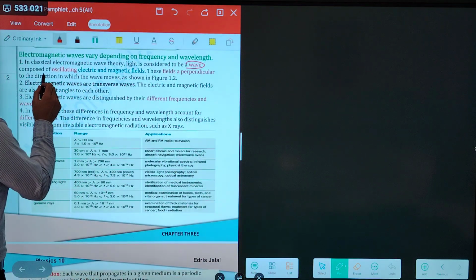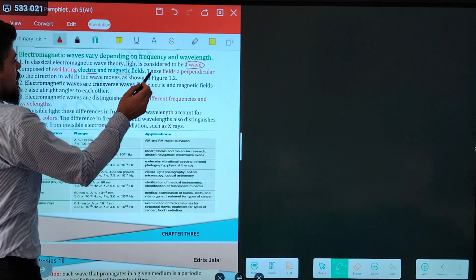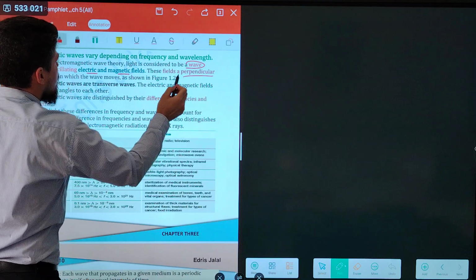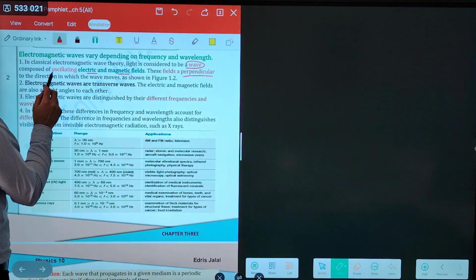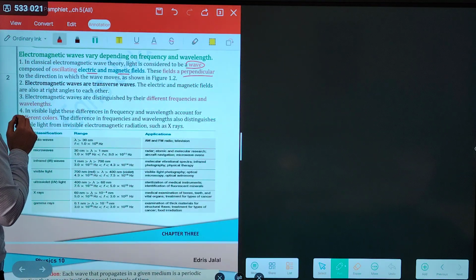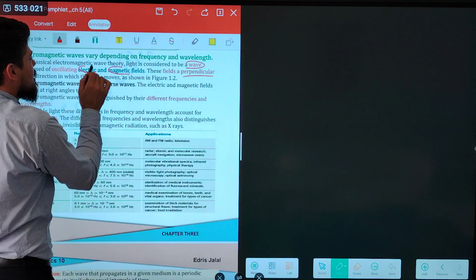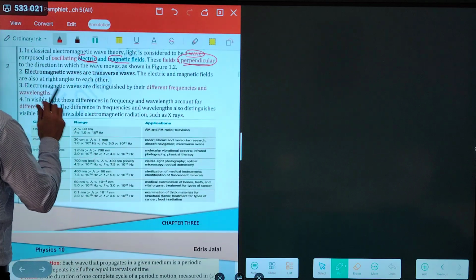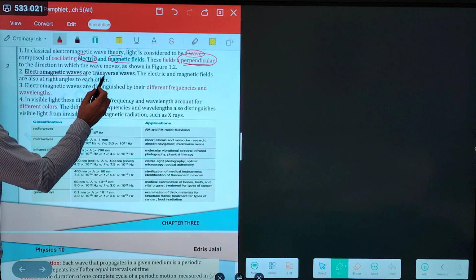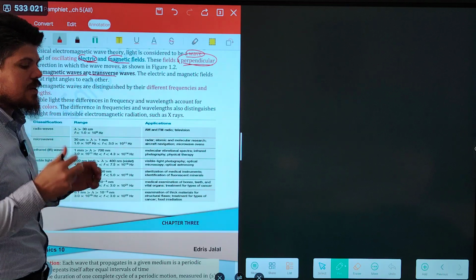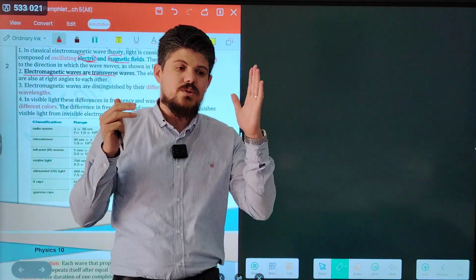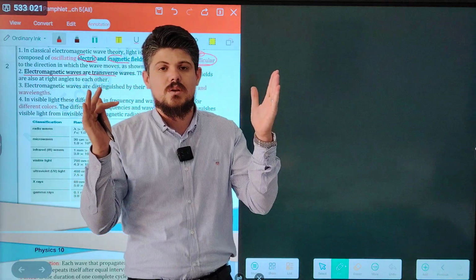The wave is composed of oscillating electric and magnetic fields. These fields are perpendicular to the direction in which the wave moves. The angle between the electric field and the magnetic field is 90 degrees, perpendicular to each other. Electromagnetic waves are transverse waves, because we have 2 different types of wave: transverse wave and longitudinal wave.